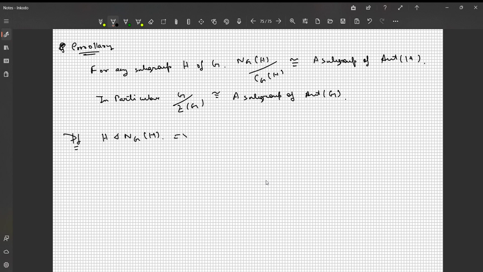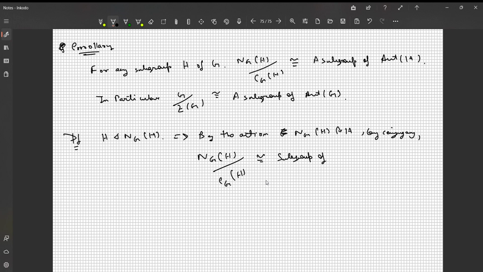So since H is normal in the normalizer, by the action of the normalizer of H on H by conjugacy, we can state this, right? So N_G(H) divided by C_G(H) is isomorphic to a subgroup of the automorphisms of H.